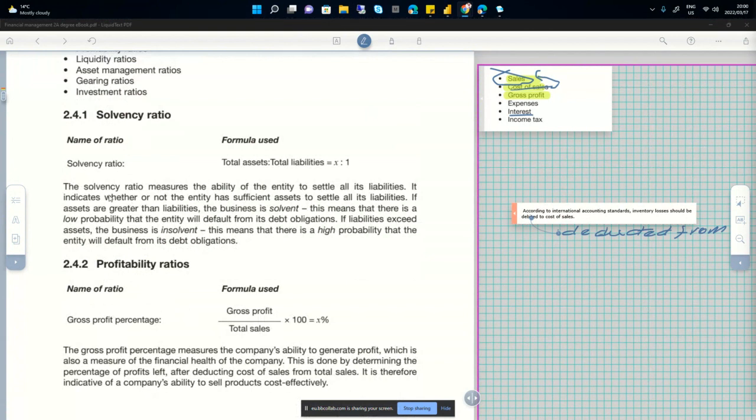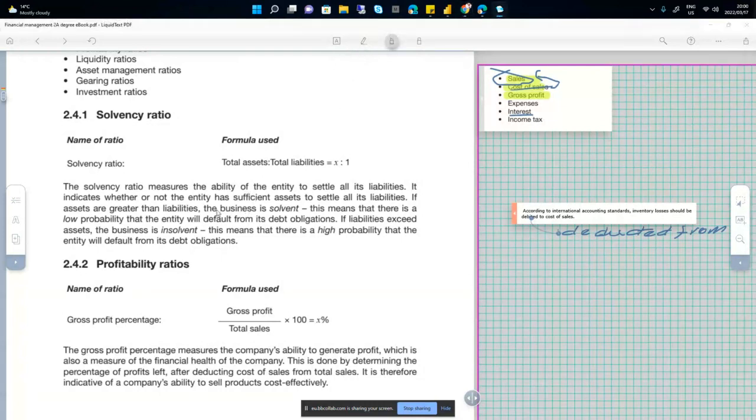But for solvency, you are looking at the total assets. Can the total assets cover the total liabilities? It's quite important. If it can, then the business is solvent, as it says here. So it's a pretty easy principle to understand.